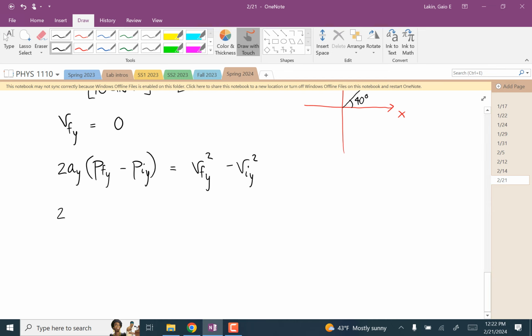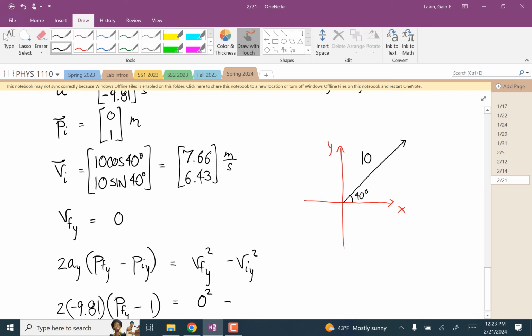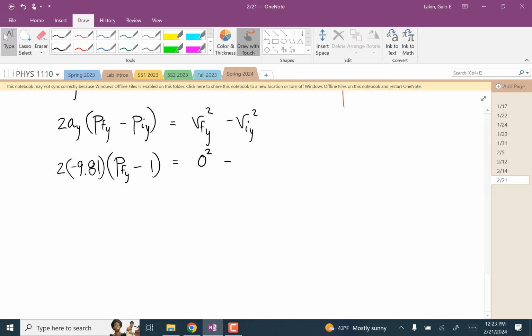Okay, so we have 2 times negative 9.81 times the quantity PFY, which we're trying to calculate, minus 1, is equal to VFY squared, so that's 0 squared, minus VIY squared. VIY is 6.43, so minus 6.43 squared.